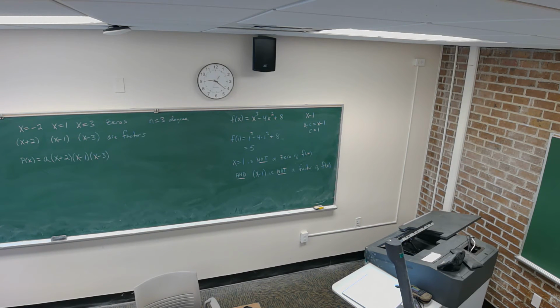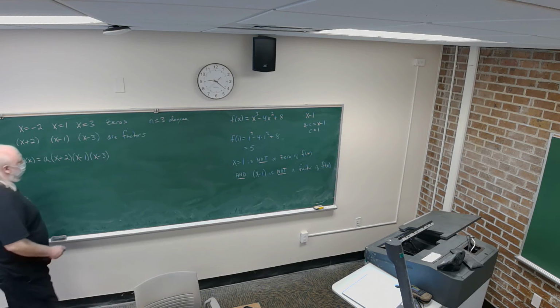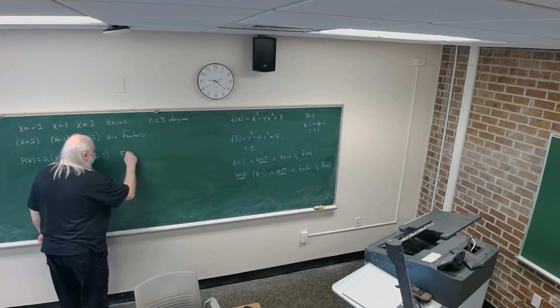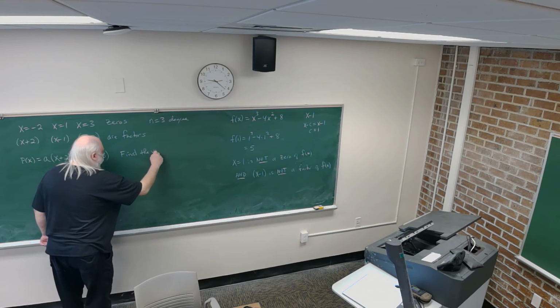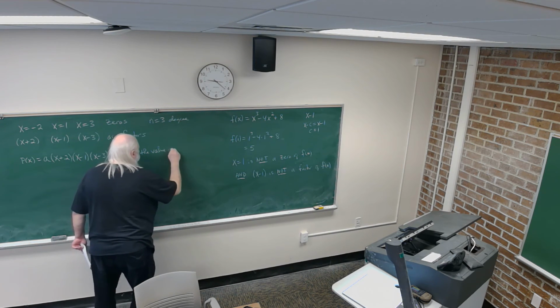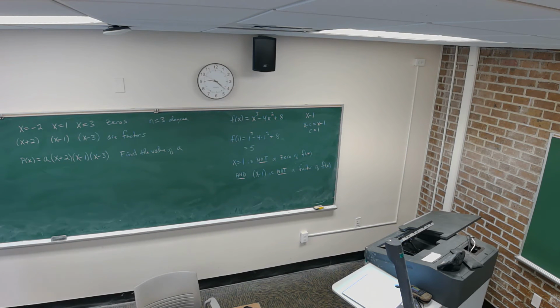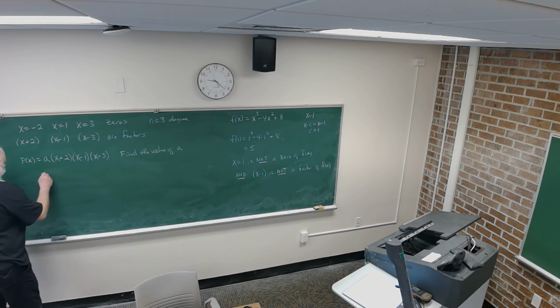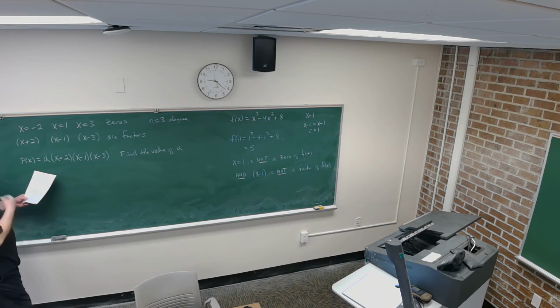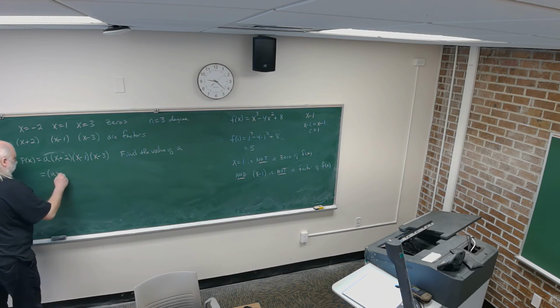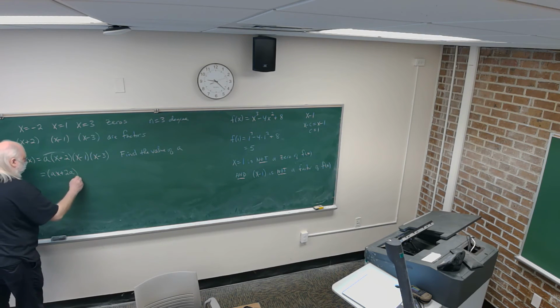Okay. All right. So now we have to find the value of the leading coefficient a. So we've got to expand the right hand side to do that. So we've got some algebra to do. First, the way I approached it was I distributed the a inside the parentheses here. And so I have ax plus 2 times a.